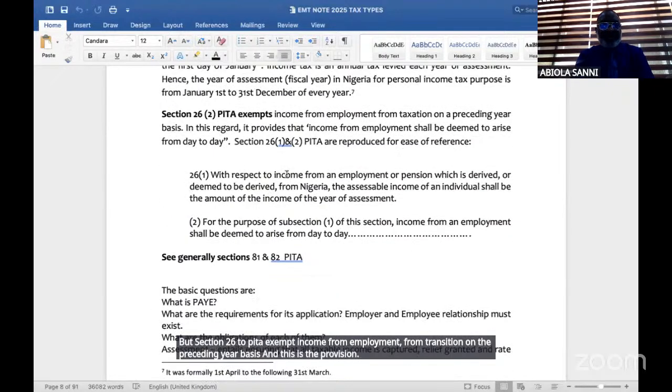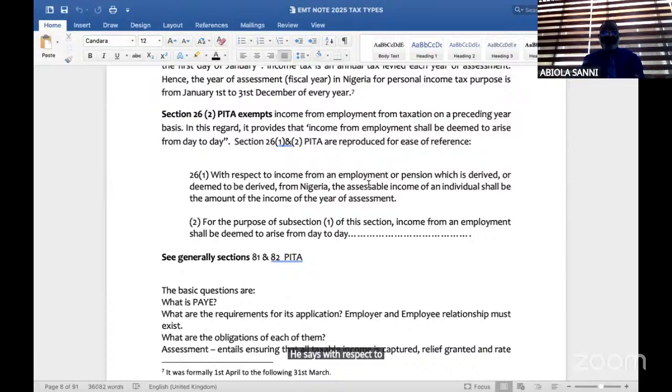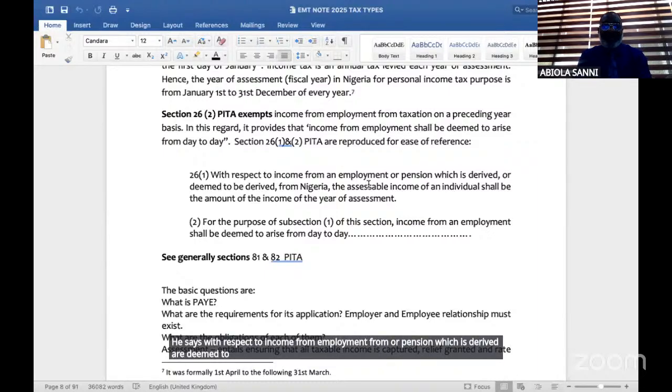It says with respect to income from employment or pension, which is derived or deemed to be derived from Nigeria, the assessable income of an individual shall be the amount of the income of the year of assessment. So no preceding year basis.